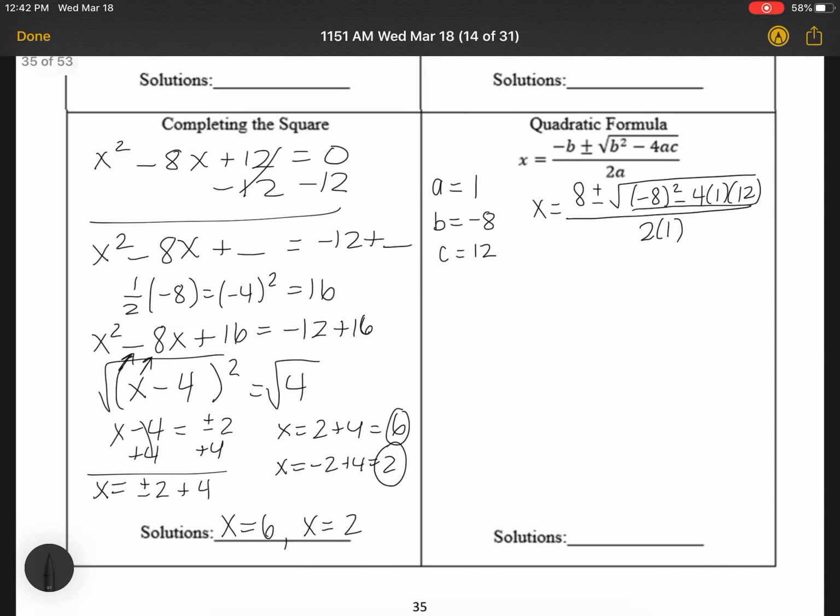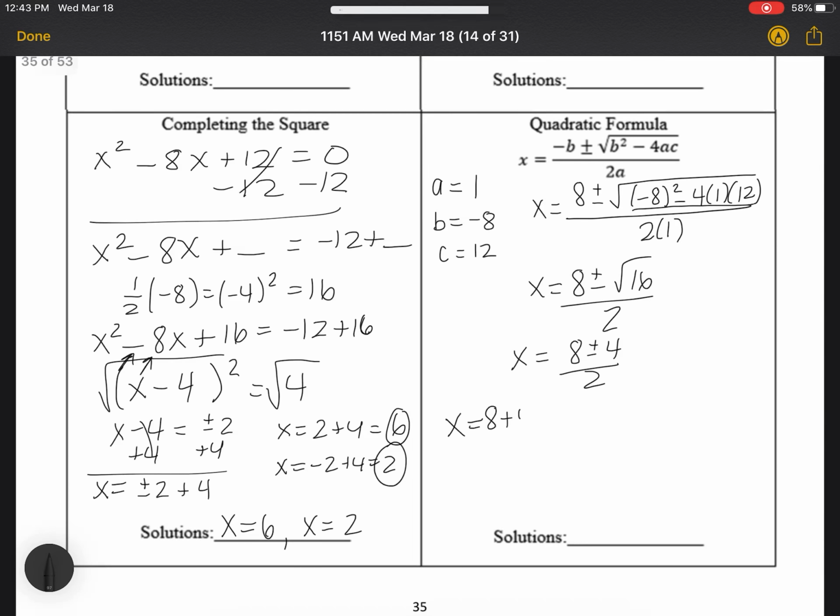Just remember, I want you to evaluate the stuff under the square root symbol and then also your denominator. If you type all of the stuff under the square root symbol, you should be getting 16 under there. And then 2 times 1 is 2. Square root of 16 is 4, so it's going to say 8 plus or minus 4 divided by 2.